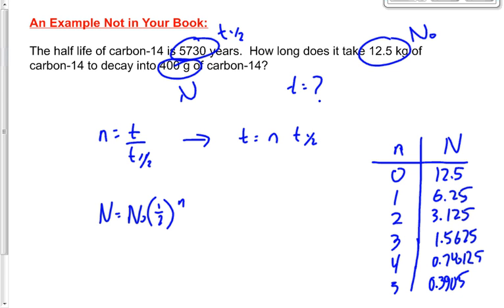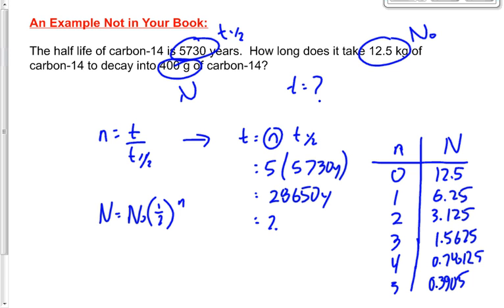How many half-lives did it take to decay into 400 grams or 0.4 kilograms? About 5. So we're going to say in this case that n would be equal to 5. 5 times 5,730 years gives me 28,650 years, or 2.86, 2.87 times 10 to the 4 years.